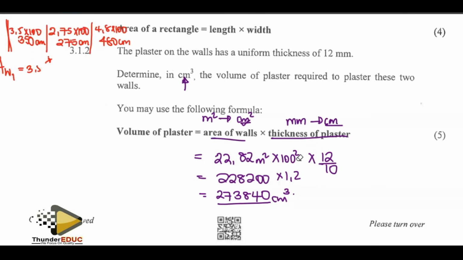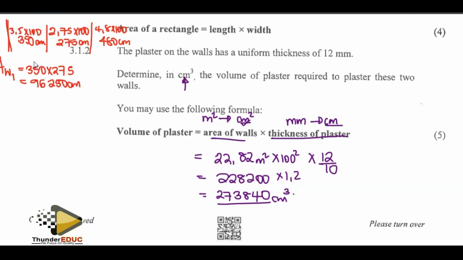So we come back here and we say that the first one will be 350 times 275. 350 times 275 is 96,225.